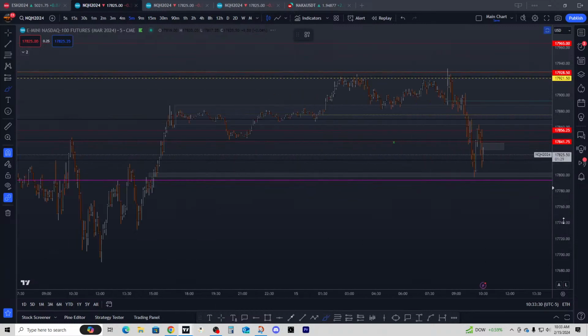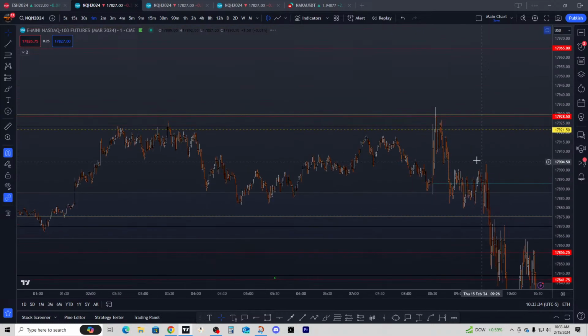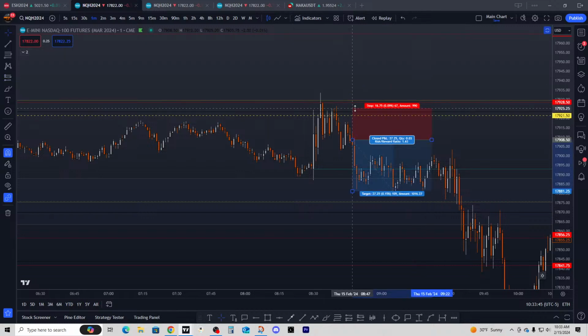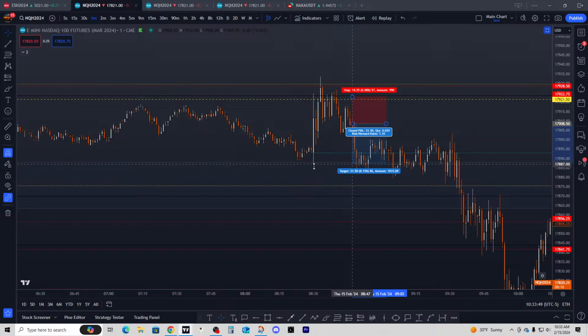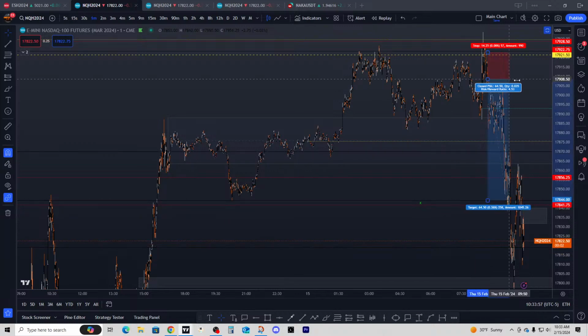If something really set up earlier, I mean, there was a setup here. If I was on the charts and really focused in the pre-market, which I don't really trade, so I wasn't on the charts yet, I would have shorted this. I definitely would have shorted this to here. Depends how many contracts I had on, but down to here would be nice too. So that could have gone for like a 4.5 to 1.